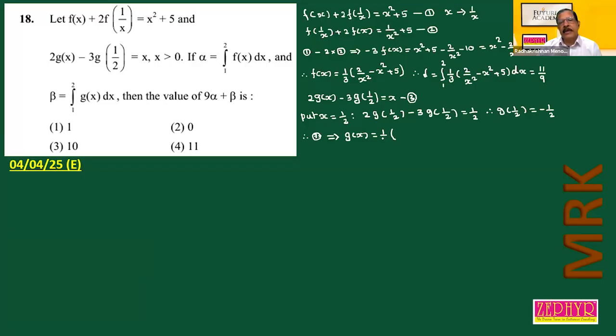That is 3 into g of 1 by 2 is minus 1 by 2. Then plus x, which is equal to minus 3 by 4 plus x by 2.